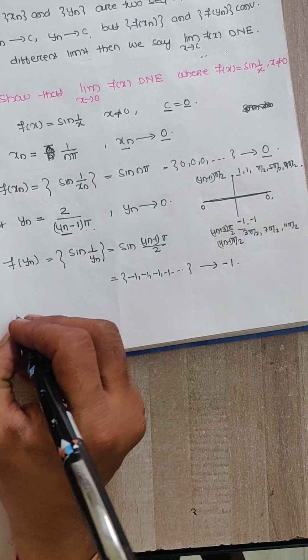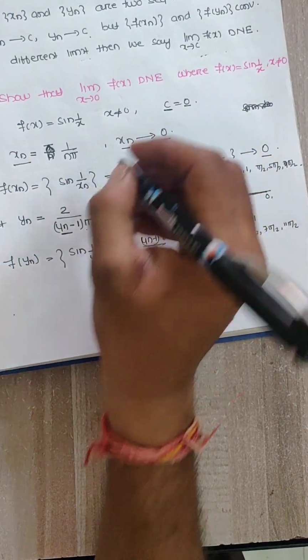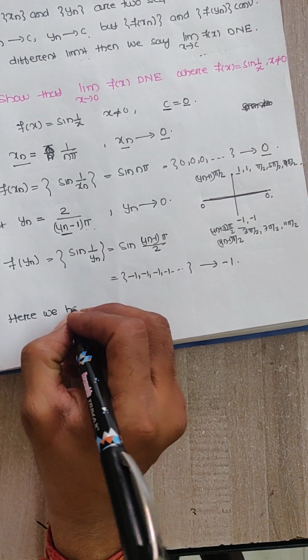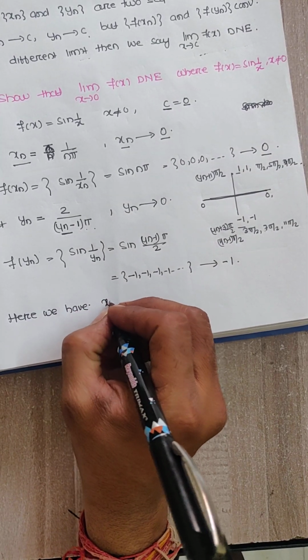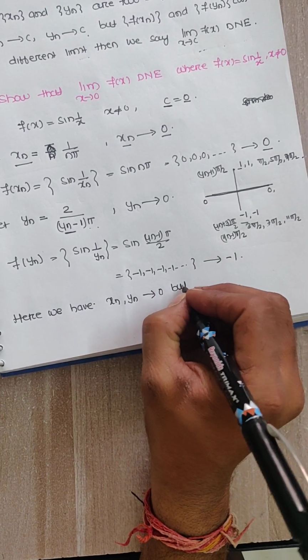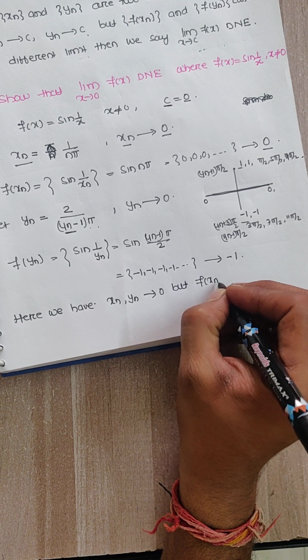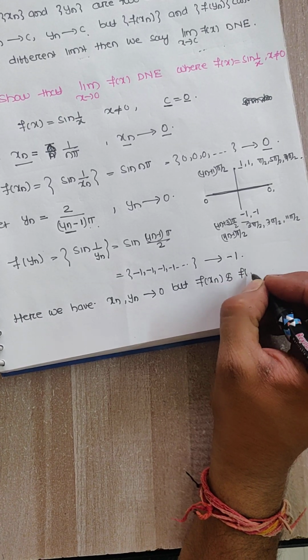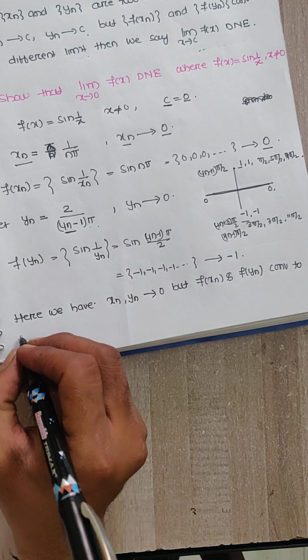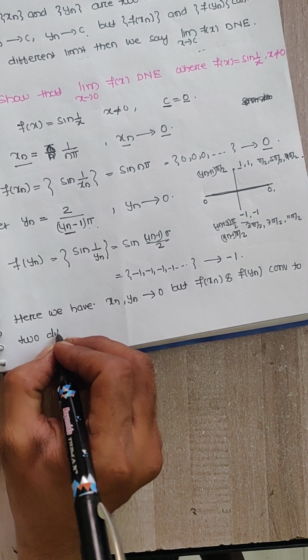So we have two sequences xn and yn which converge to 0, but f of xn converges to 0 and f of yn converges to minus 1, two different limit points.